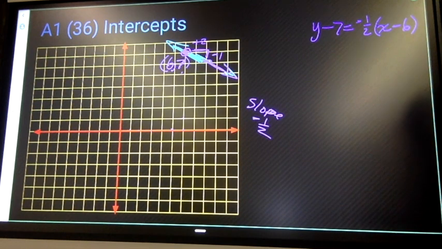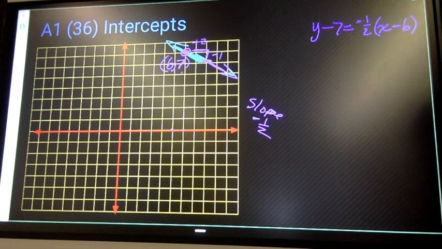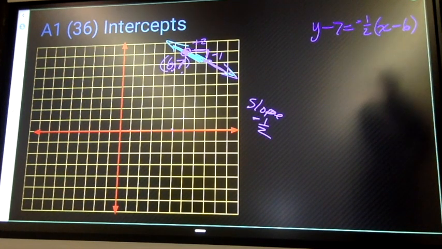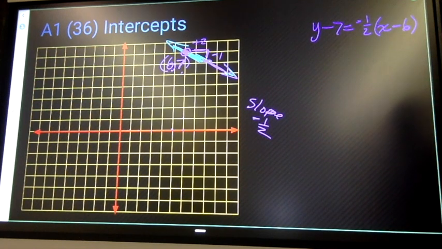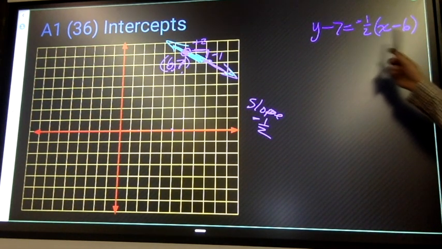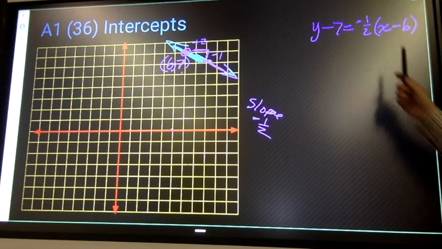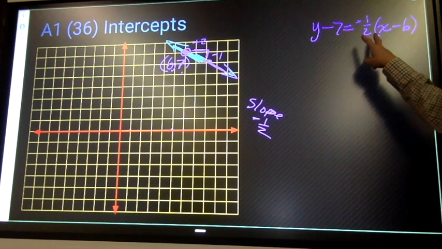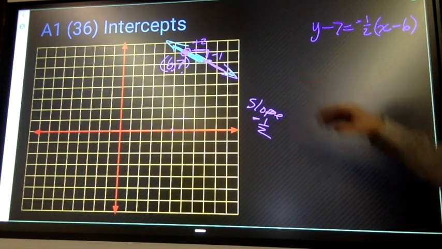Every test that you ever take, including the test you take from me, will have that formula on the formula page, or in my case, on the paper itself when you need to use it. I'm not going to go through finding the x and y intercepts from an equation because we've already done a bunch of those, but you can try. You can hit pause and try to find the x and y intercept using the equation, and then unpause and check against the other method that I use.